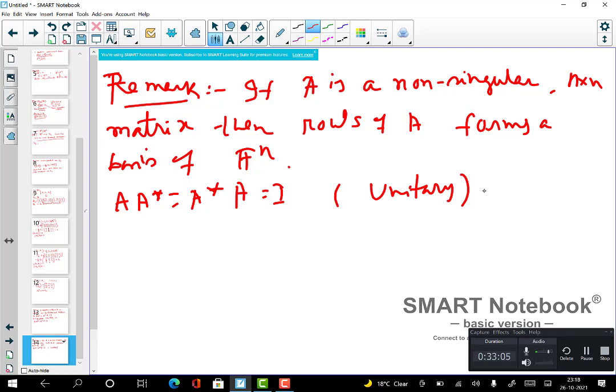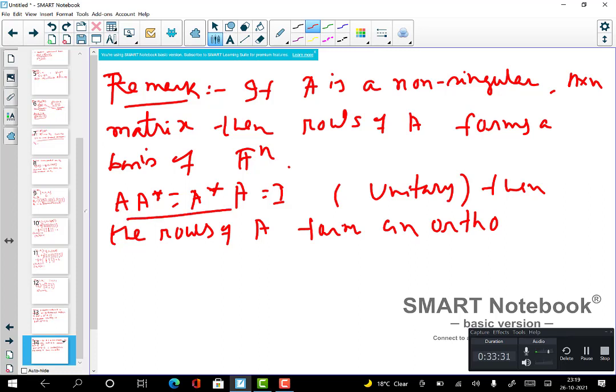Then the rows of A will form not only a basis, but an orthonormal basis of F^n, something more, because you have more conditions here. Okay, now how do we prove this?